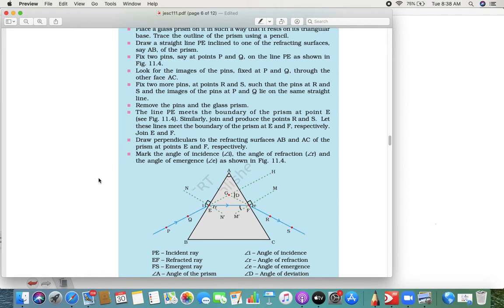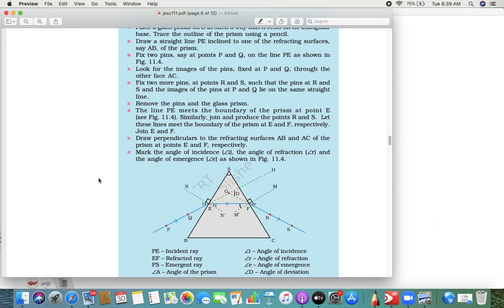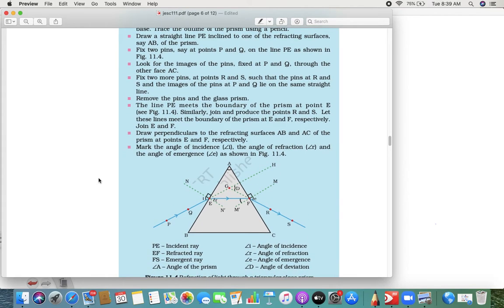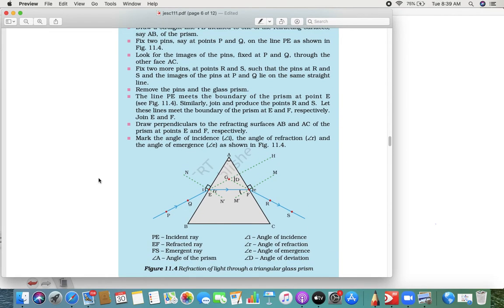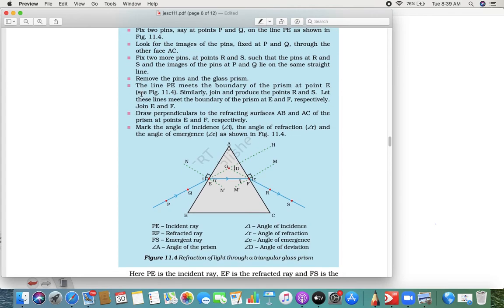Now draw a 90-degree angle and draw an incident ray and put two pins on it, P and Q. Now put the prism again, and from the other side put R and S such that they all come in the same line. Fix two points and now remove the pins, and note PQRS. Now remove your prism and draw a normal MF at 90 degrees and all.